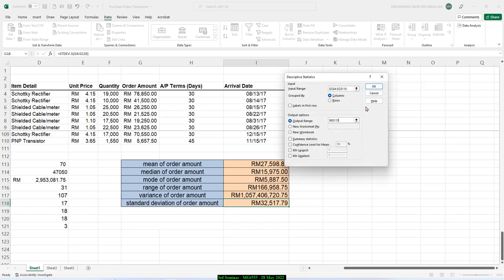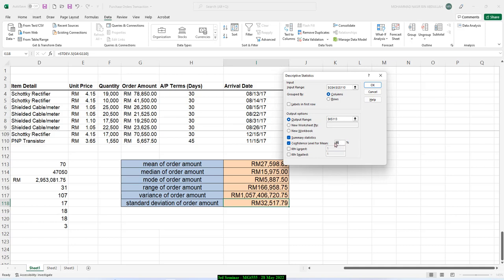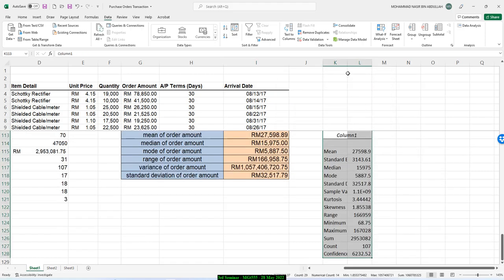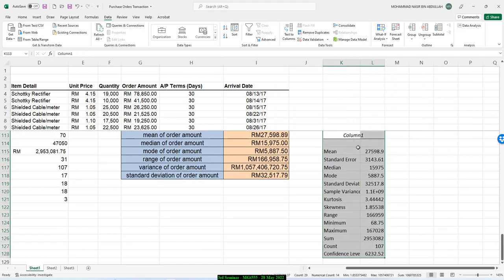And then I tekan summary statistics and confidence interval 95%, right? So I check dua benda ni, summary statistics and confidence interval for mean 95%, by default 95% lah. And then click OK.